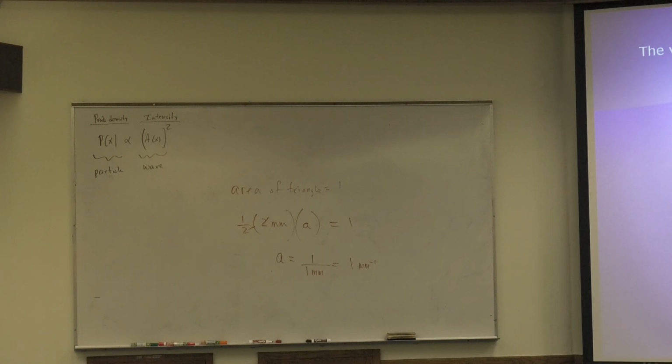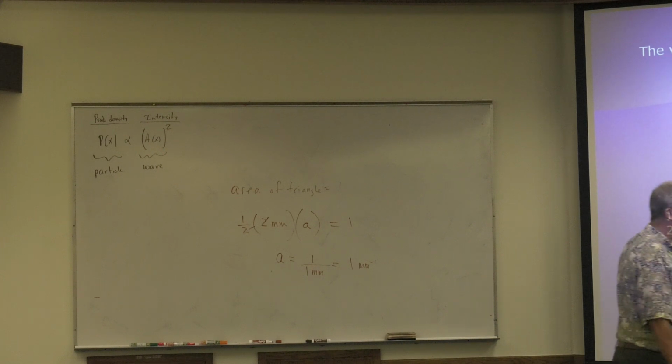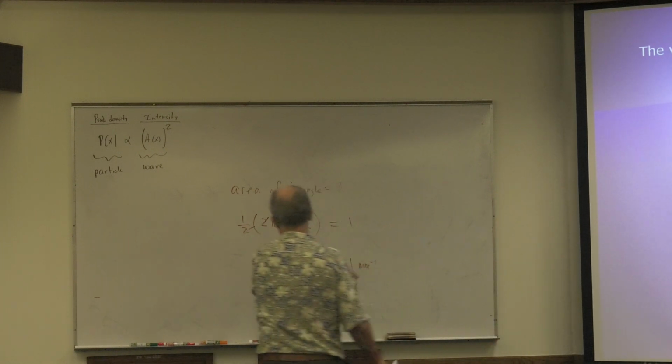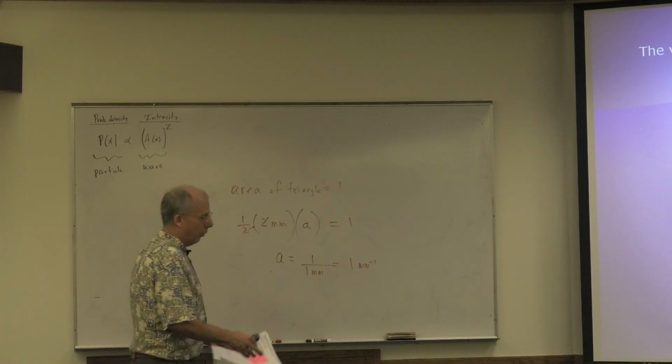The unit here is millimeters. The area has to be 1, no units. So if you have inverse millimeter times a millimeter, the units kill and you get no units, okay? So this has to be in inverse millimeters. I mean, it makes good sense, although it's weird.